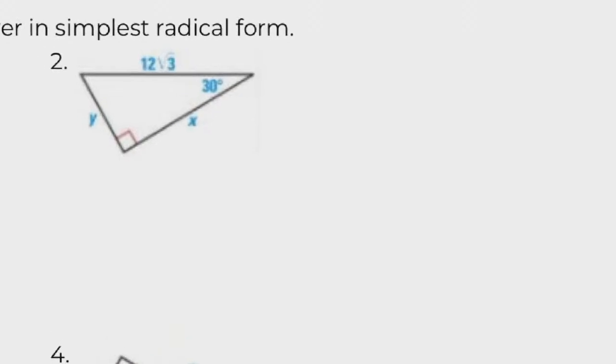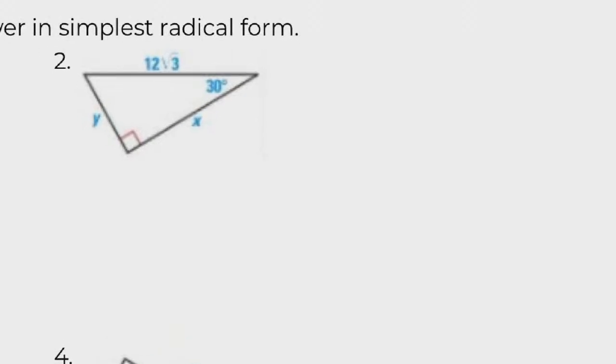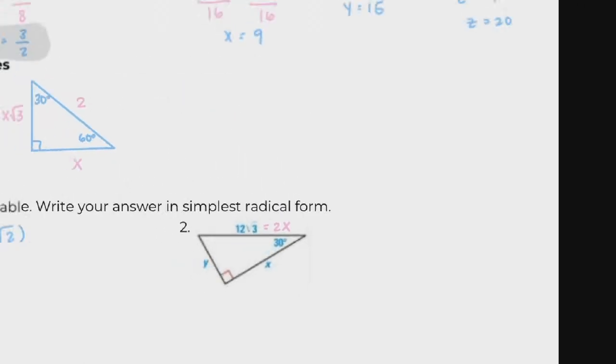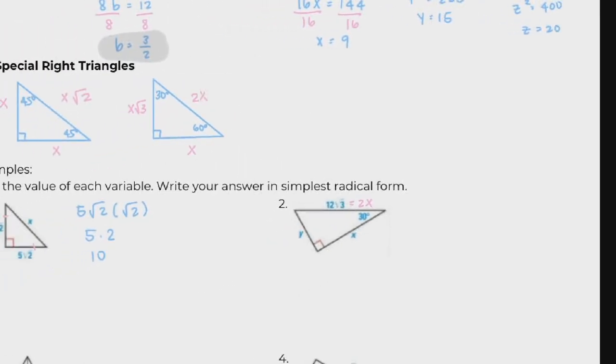For number 2, we have this triangle here. So this is going to be a 30, 60, 90 triangle. And we want to find x and y. So for this problem, this would equal 2y, right?